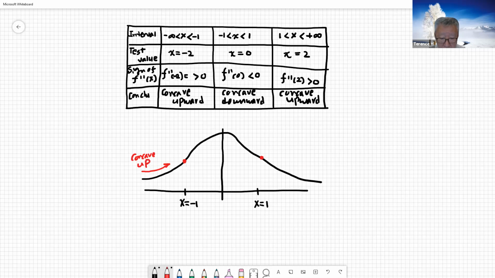Then from x equals minus 1 to x equals 1, the graph is opening downward, so that's why you see concave down. Then from x equals 1, the graph starts opening upward, so that's why you see concave up.